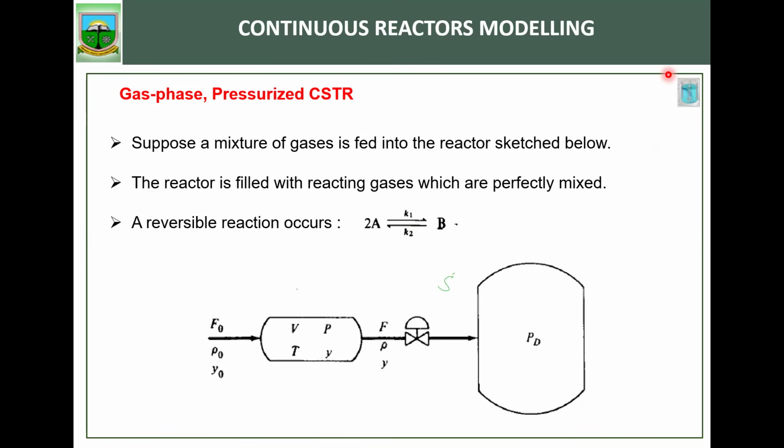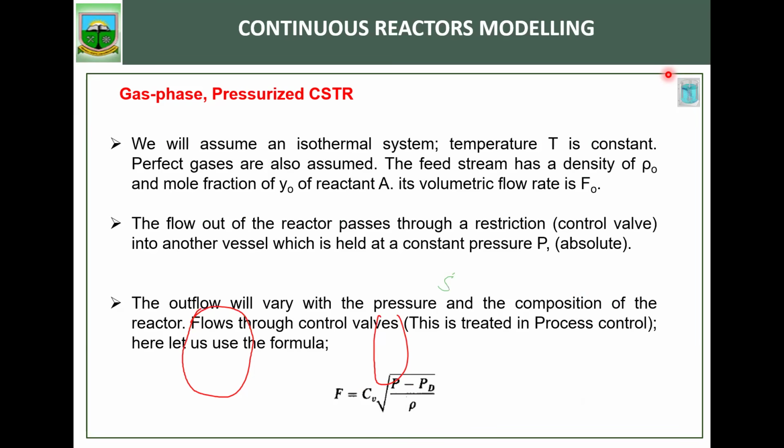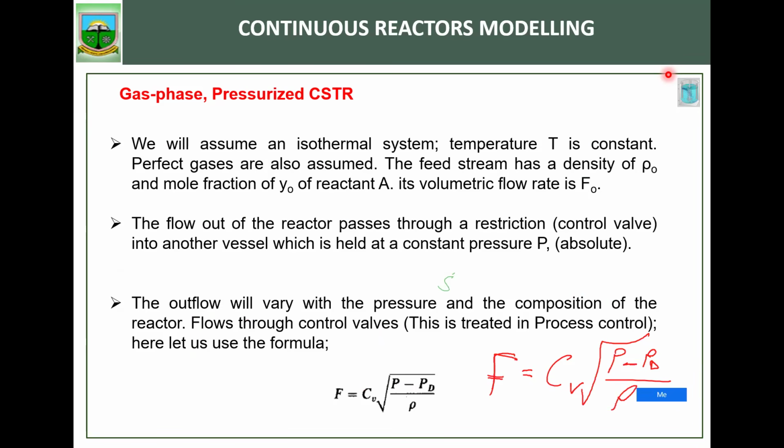That's here. You can see it here. Then we also have the flow out, like I said, controlled by a valve. And this valve tells us that the flow rate out of the reactor is controlled by the pressure minus the downstream pressure over rho.